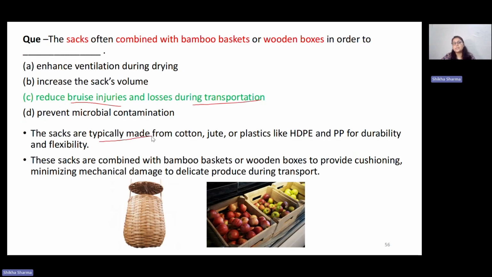The sacks are typically made from cotton, jute, or plastics like HDPE and PP for durability and flexibility. But they are usually combined with bamboo baskets or wooden boxes to provide a cushioning effect and minimize mechanical damage to the delicate produce during transportation.